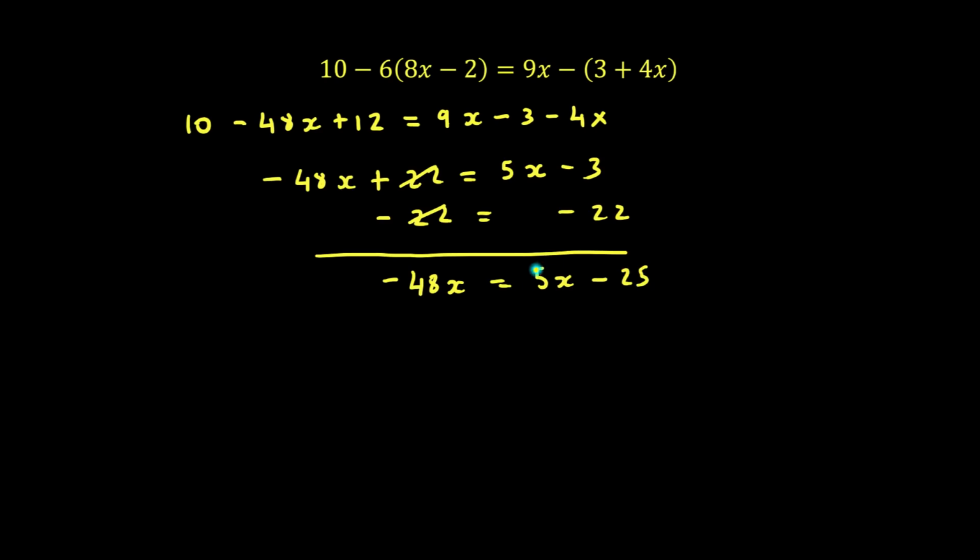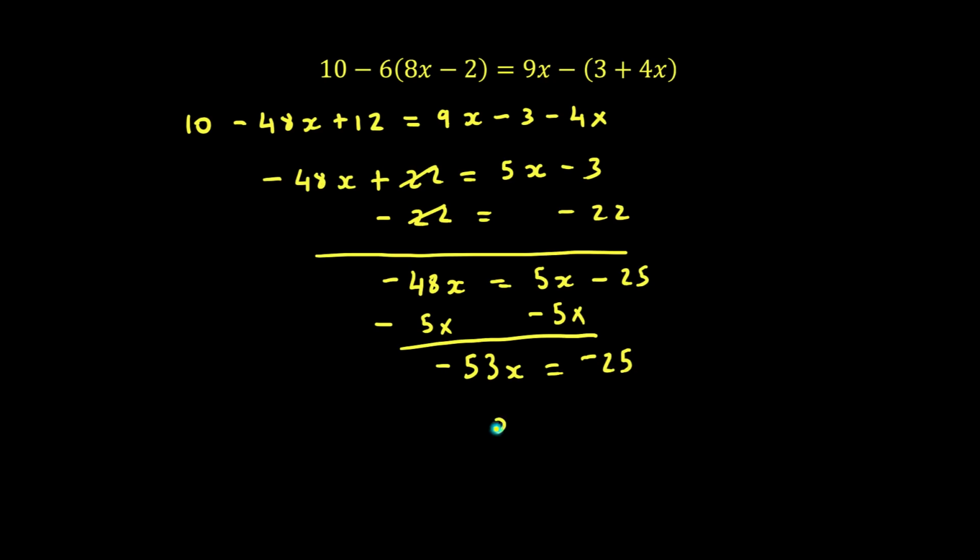And now the next step would be to deal with this 5x. So we subtract 5x from both sides. If we go ahead and do that, that will give me negative 53x, and that's equal to negative 25.